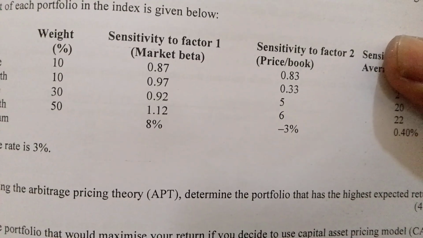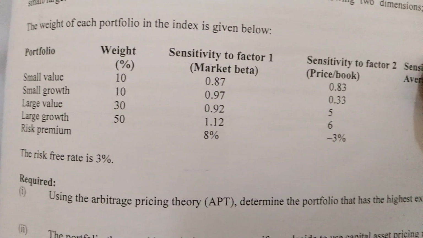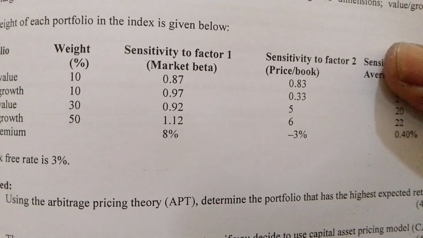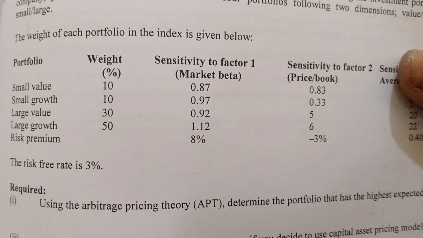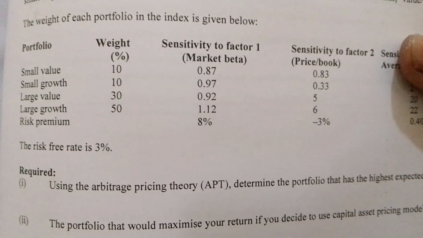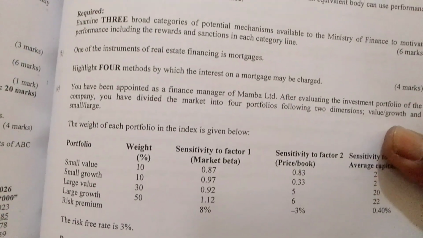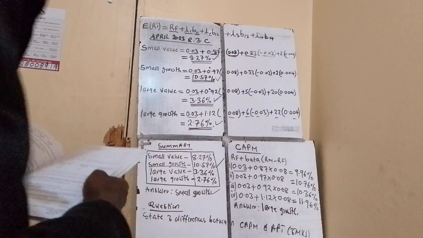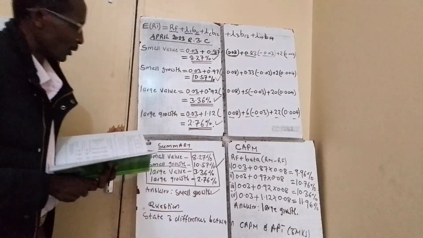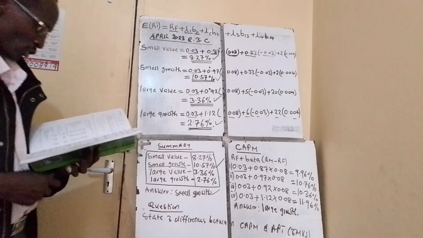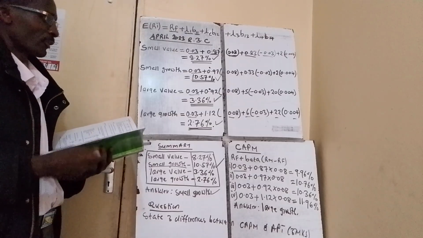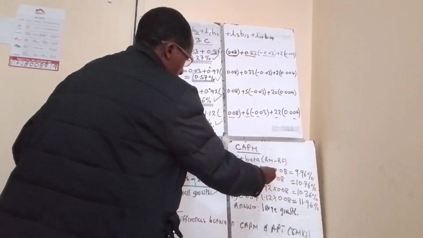So that is the only column that you use when calculating interest using CAPM: 0.87, 0.97, 0.92, 1.12. That is what we use. So 0.03 is the risk-free rate plus beta.